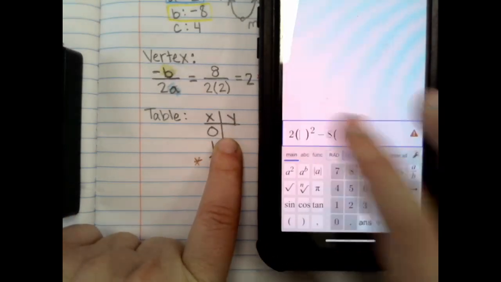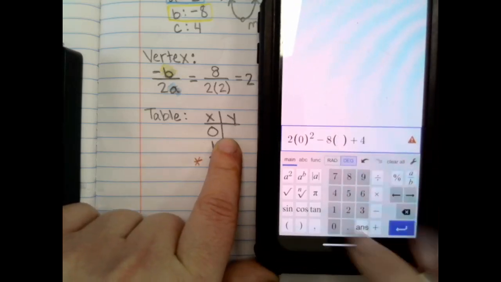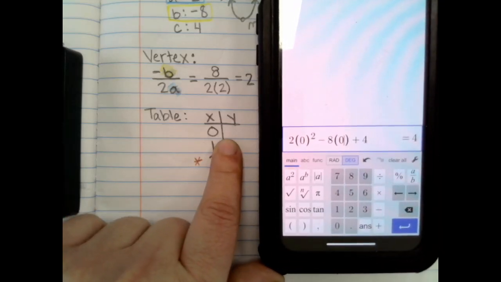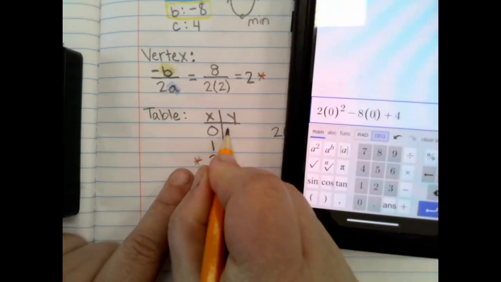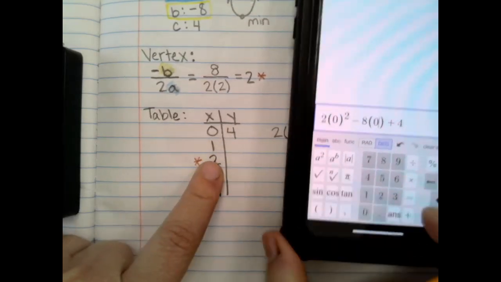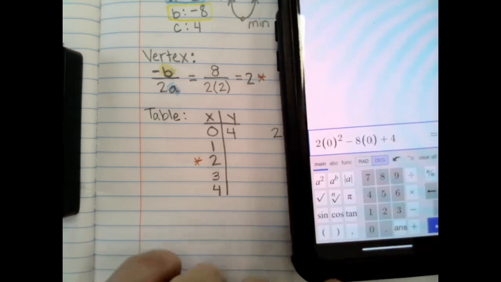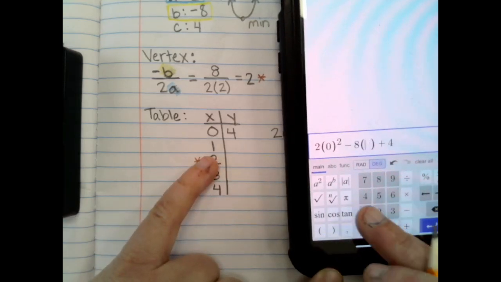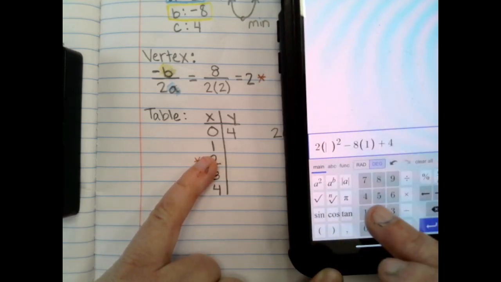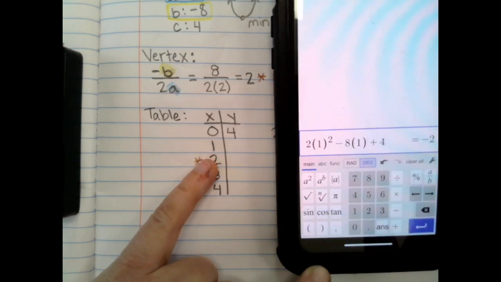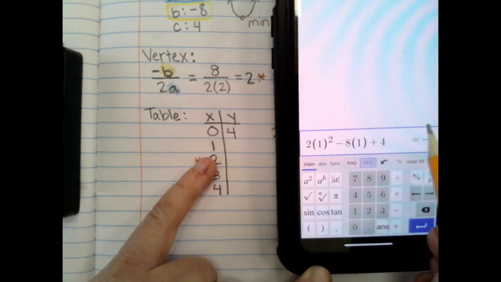So we're going to be putting these numbers in and saying what we get with the out. So when I put in 0, we get out 4. Okay, I'm going to delete those zeros and put in 1s. You have to make sure you put in 1s for both. When you put in 1s, we get out -2.